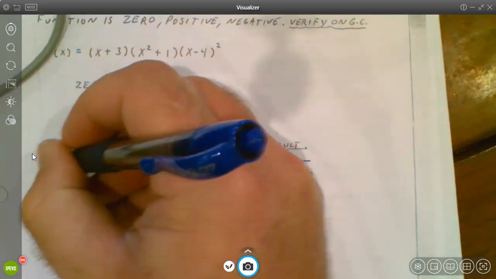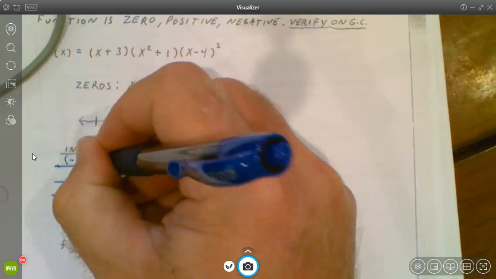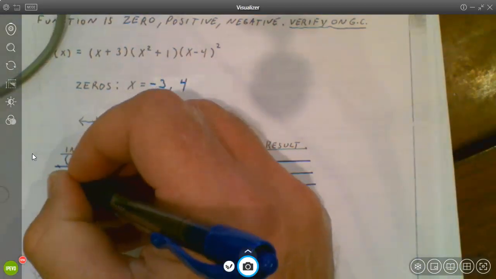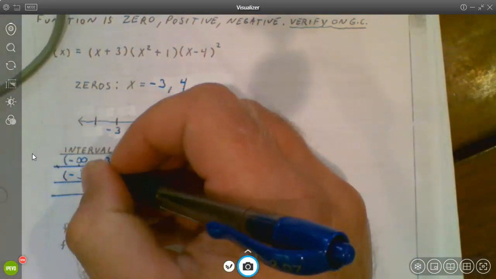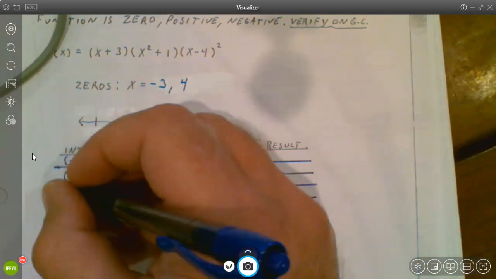To the left of -3, we would call that from -infinity to -3. And then right here, we're between -3 and 4. And then over here, we are to the right of 4.